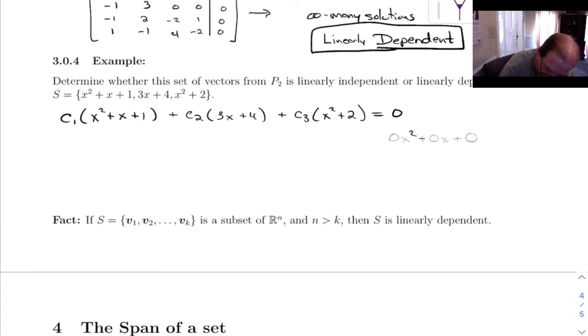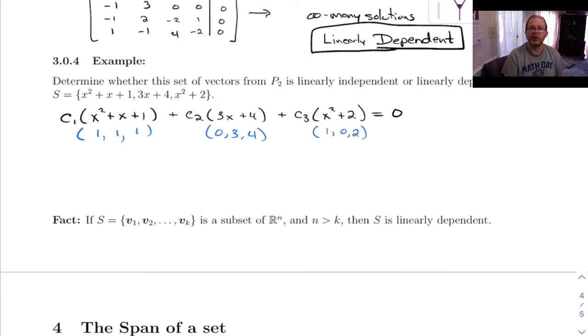All right. So let's see, how can we write this as a matrix? Well, basically, you're going to treat this as the vector 1, 1, 1. This as the vector 0, 3, 4. And this as the vector 1, 0, 2.